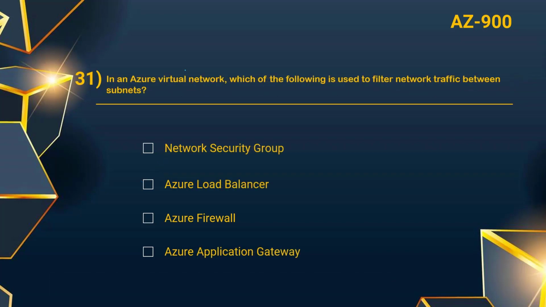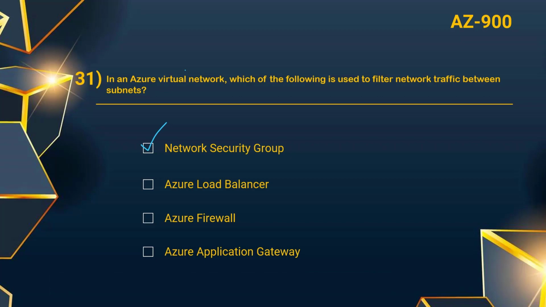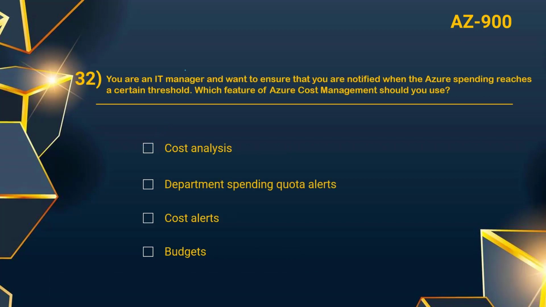In an Azure virtual network, which of the following is used to filter network traffic between subnets? You are an IT manager and want to ensure that you are notified when the Azure spending reaches a certain threshold. Which feature of Azure Cost Management should you use?